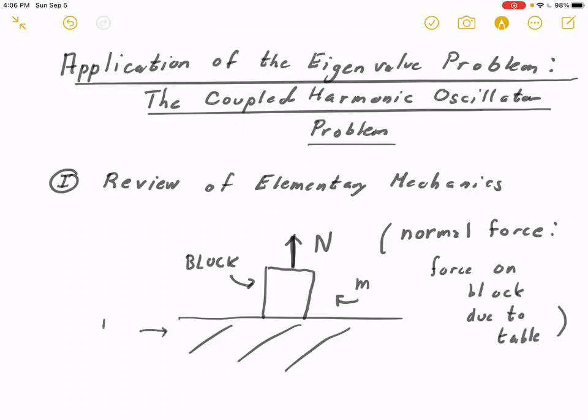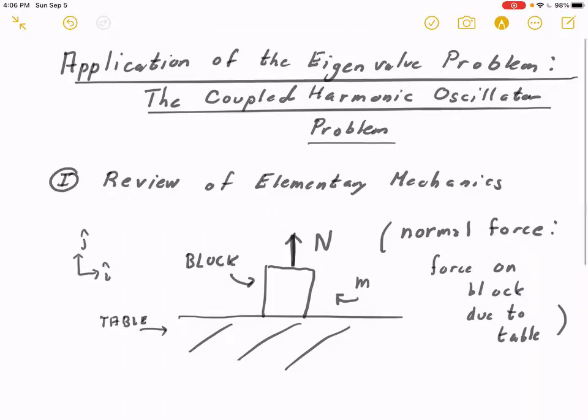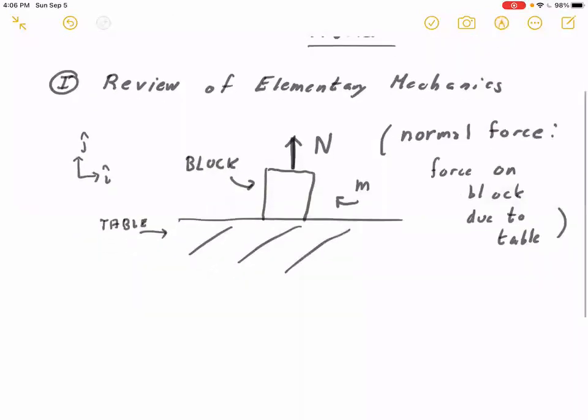So there's the table. It's probably useful to put a coordinate system in here. There is another force on this block due to gravity, call it W. And it's proportional to the mass of the block, and the proportionality constant is the gravitational constant of the Earth.